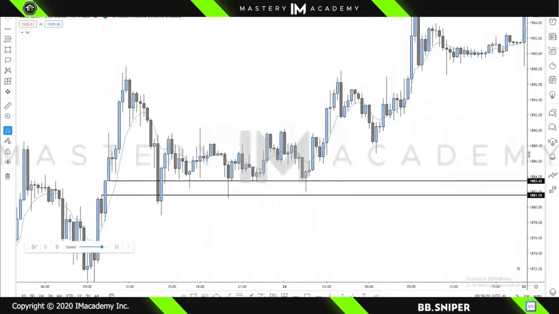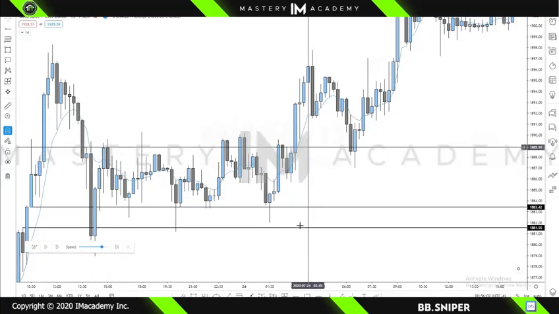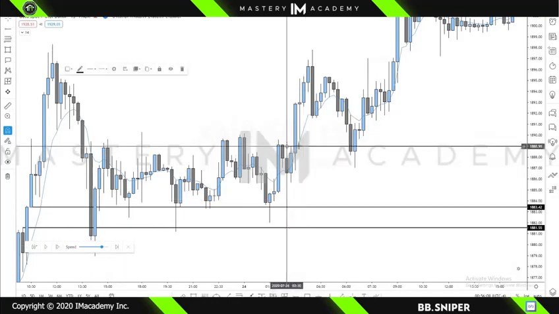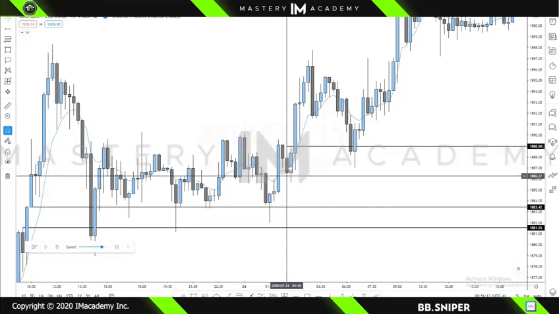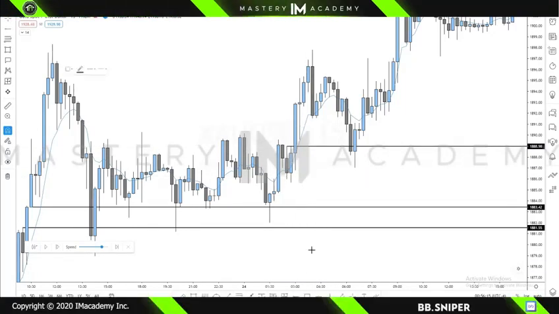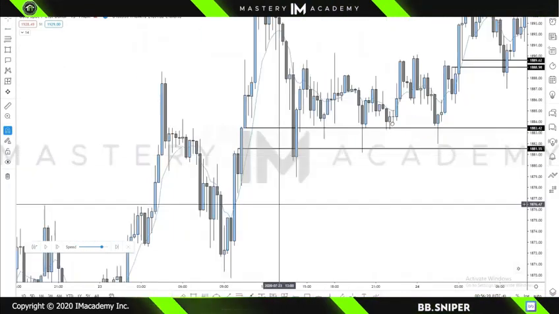Couple examples in here, so because we have so many, I'll just show them. If we mark this candle as well, we can see this last down candle before this push up. Imbalance ends right at the institutional candle.